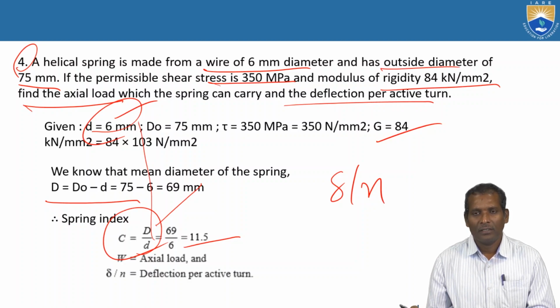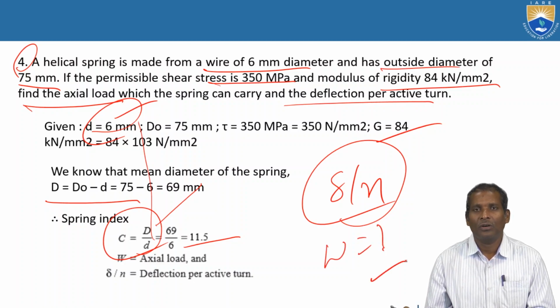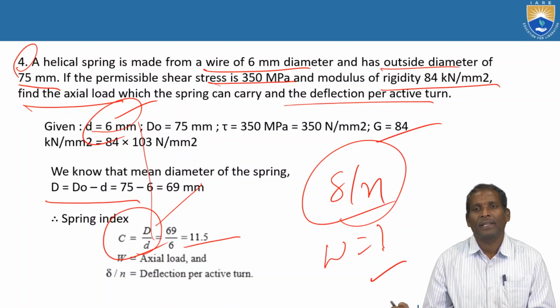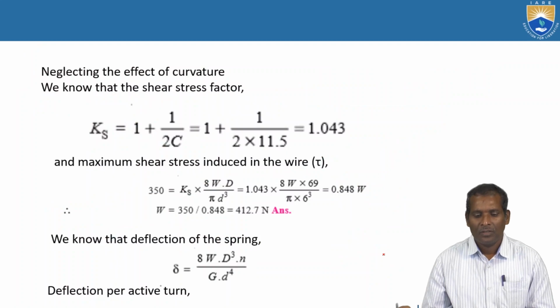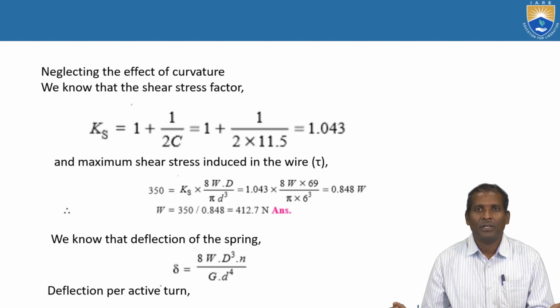Now calculate delta per N and the axial load W, how much load the spring can carry. Here also neglect the effect of curvature. If you are neglecting the effect of curvature, immediately multiply the shear stress factor.